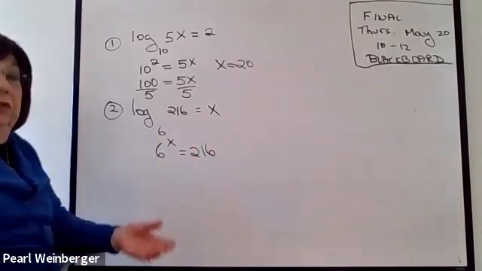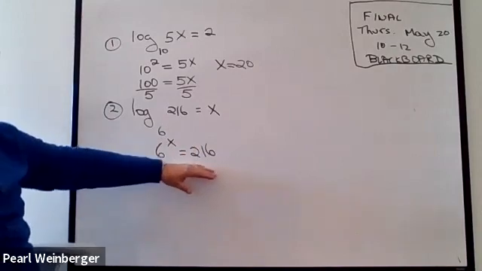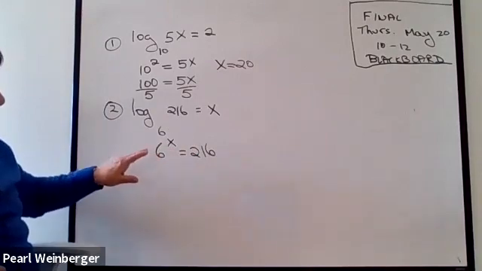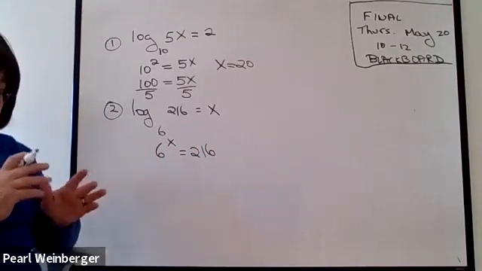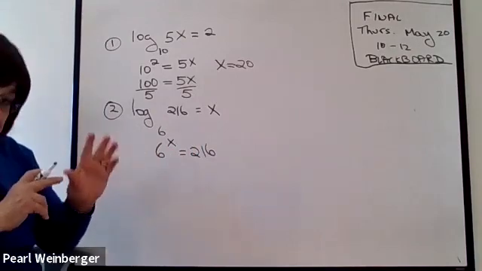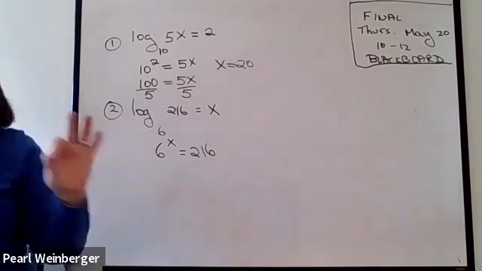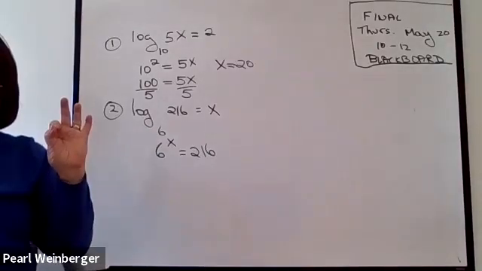This is similar to some of the other questions that we did. It's really an exponential equation now. We're trying to find out how many times I should multiply 6 by itself to get 216. Again, I like to do these with my fingers. 6 times 6 is 36. If you don't know these numbers by heart, you can take out your calculator.